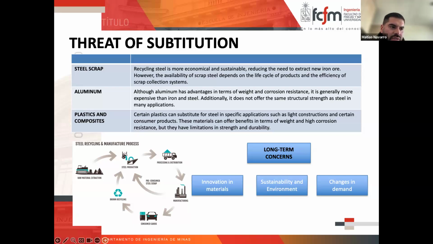And the availability of scrap steel depends on the life cycle of products and the efficiency of a scrap collection system. However, in the long term, it could be tricky, considering that innovation in new materials and the trend toward sustainability could increase competition for the substitute materials.